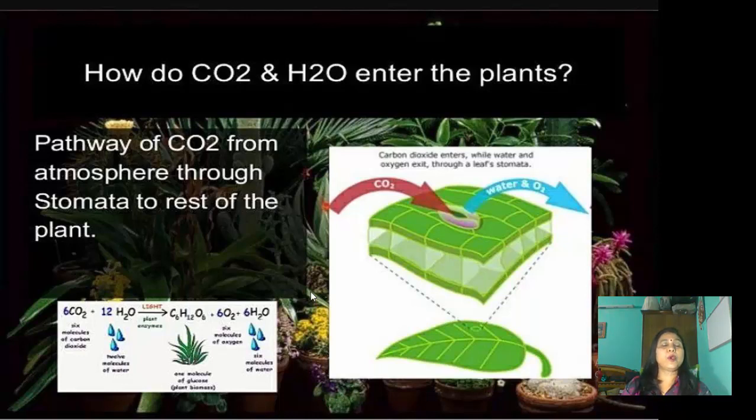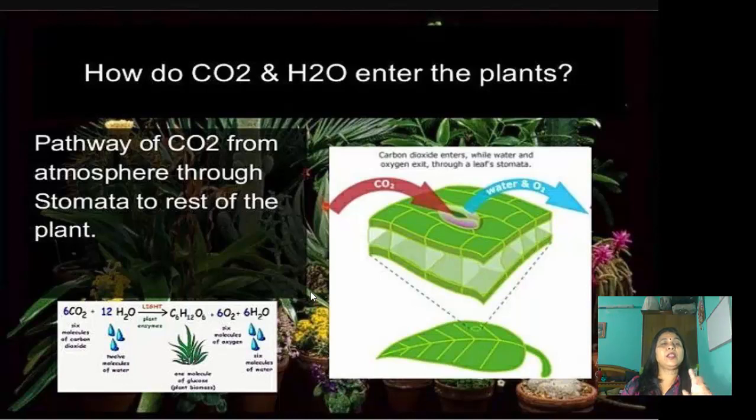The root absorbs water and minerals. From the roots, this water is transported to each and every cell of the plant. From stomata, carbon dioxide enters and it reaches each and every cell of the plant.